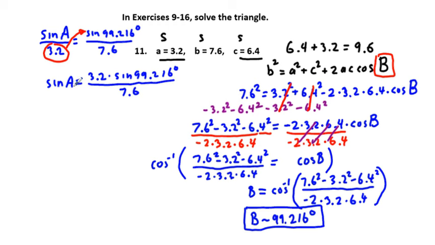And now to undo this sine, get the A out of the sine A, we take the inverse sine of both sides. So I'll put sine -1.